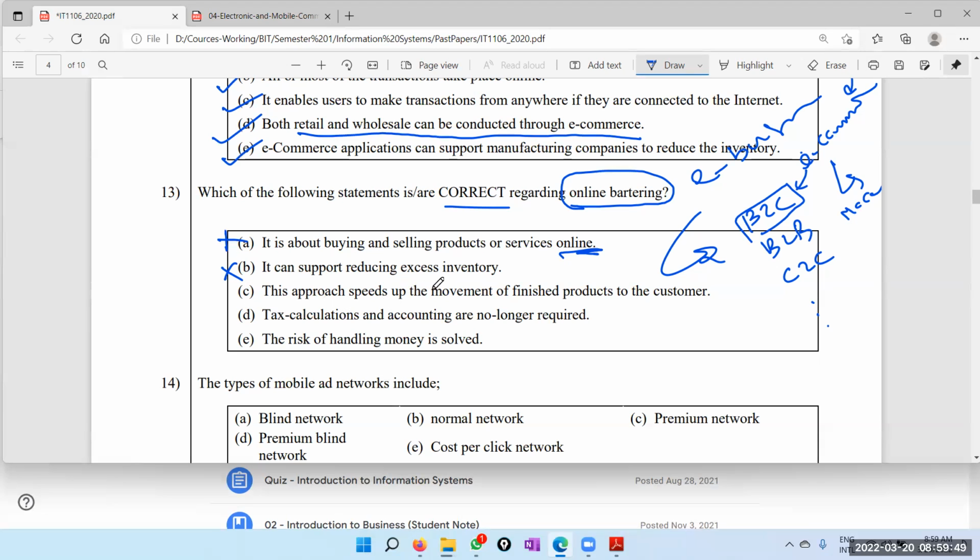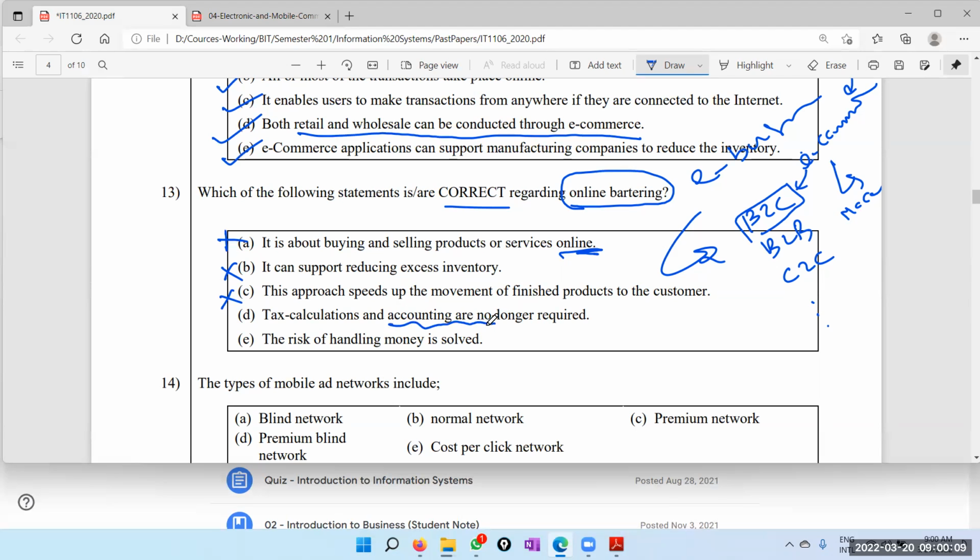This approach speeds up the movement of finished products to the customer, right? I don't think so. Tax calculations and accounting are no longer required. I don't agree with that, right?